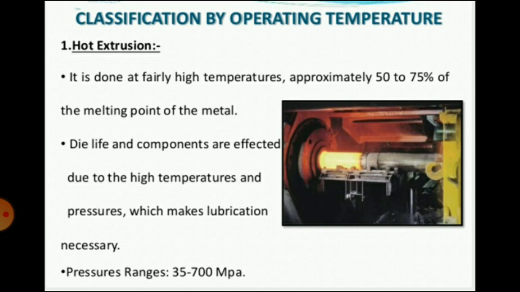Due to high temperatures, the die life and components are affected, and lubrication in this case is necessary. That is regarding hot extrusion. The metal is heated above recrystallization temperature, nearly about 0.7 times the melting point of the metal.